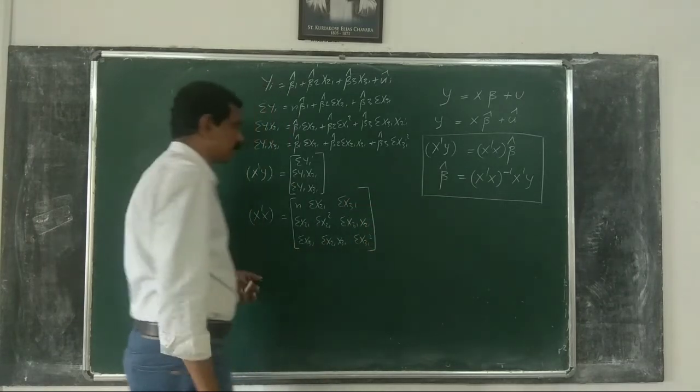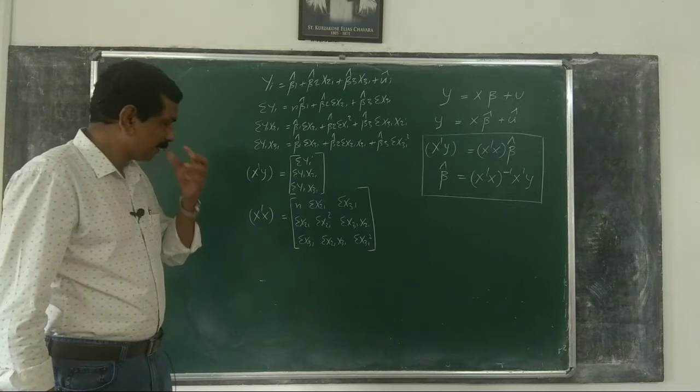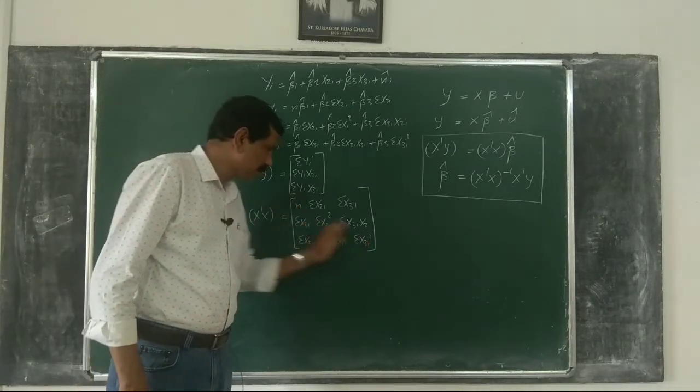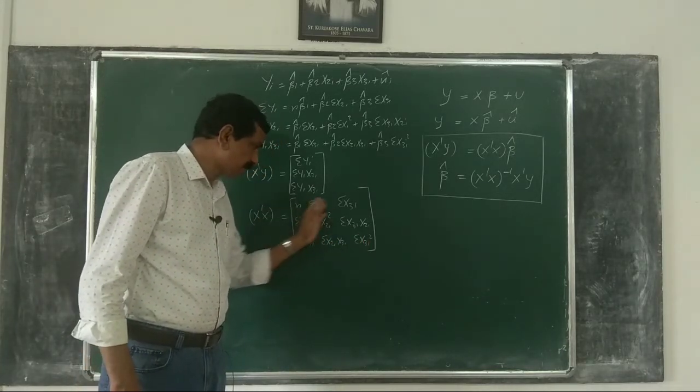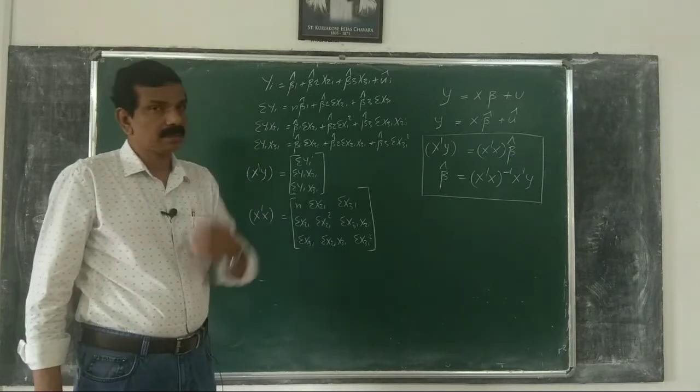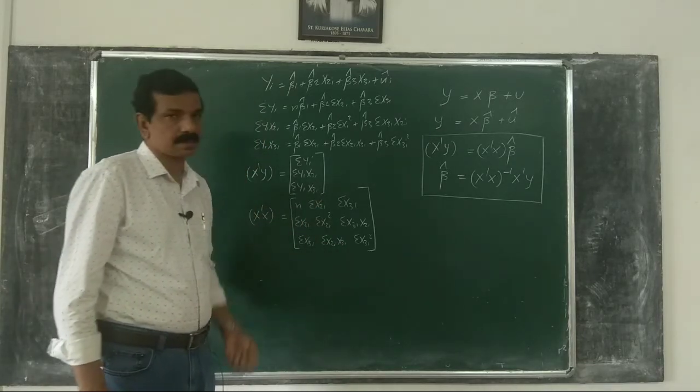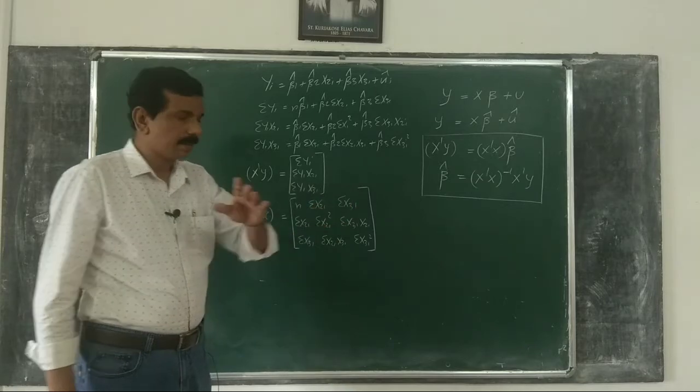It's a 3 by 3 matrix where the diagonal elements are squares and the off-diagonal elements are cross products. As we have discussed earlier, it is a symmetric matrix, square symmetric.